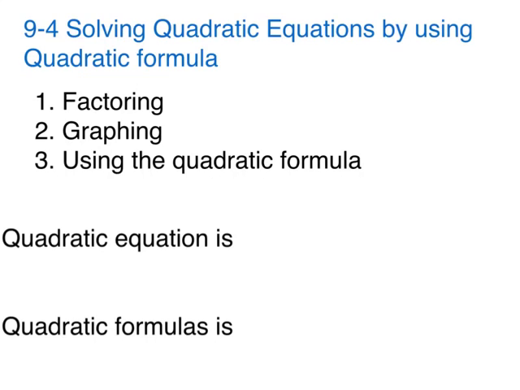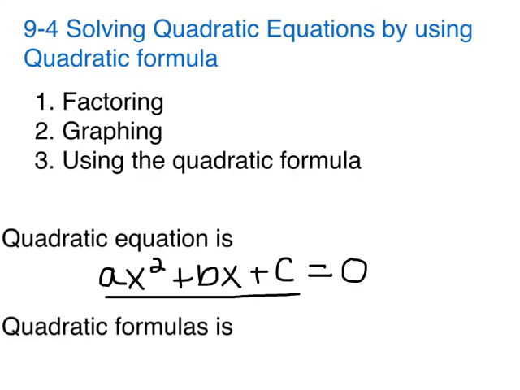A quadratic equation in standard form is ax squared plus bx plus c. This has to equal 0. So basically everything on your quadratic equation has to be on one side so that it's set equal to 0.